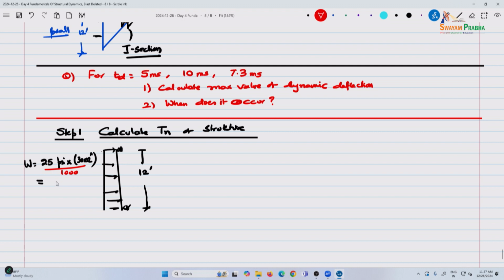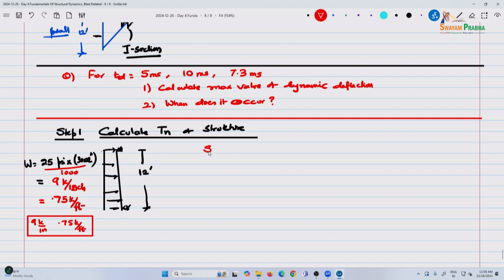So 9 kips per inch divided by 12 is how many kips per foot? 3/4, or 9 kips per inch. So W is 9,000 pounds per inch.